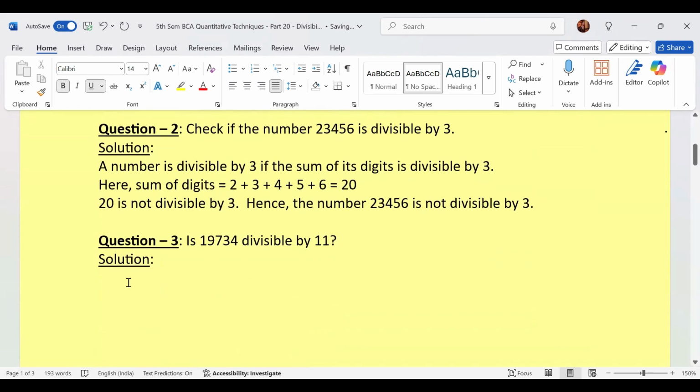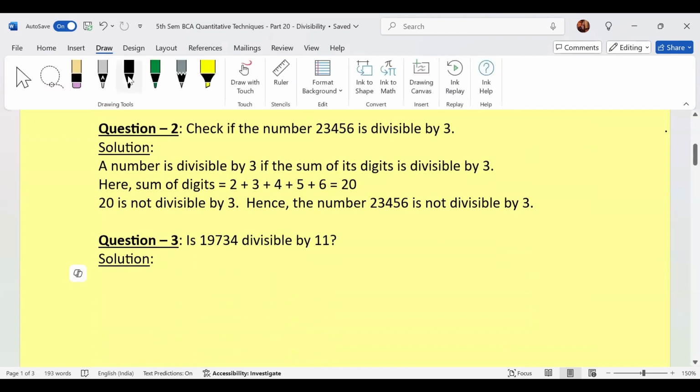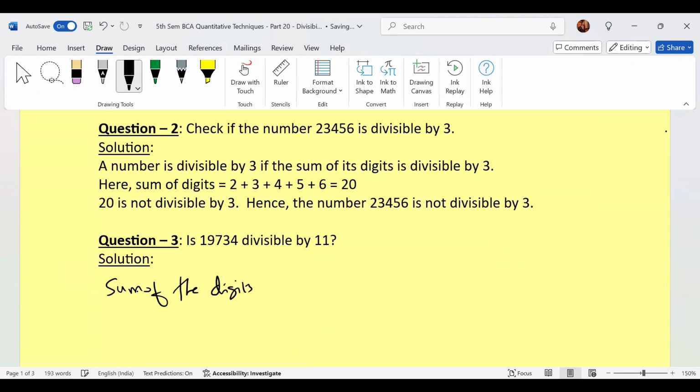Question is, is 19734 divisible by 11? So for checking this, we will have to check what is the sum of the odd digits. Here, sum of the digits in odd places is equal to 4 plus 7 plus 1, that is 12.